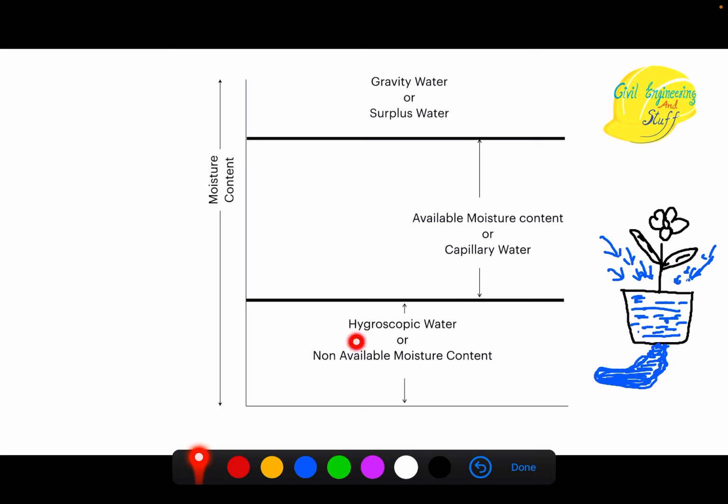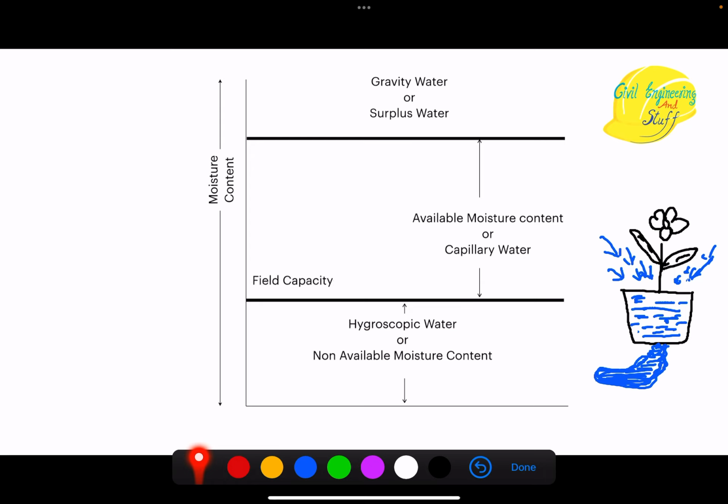Hygroscopic water is like this: you take a sample of the soil, put it in the oven, get it oven dry, losing every molecule of water from the soil, and then you put it at room temperature. That oven dried soil will absorb a very small amount of moisture from the atmosphere. That is what the hygroscopic water is. Okay, so we have the gravity water, also called the surplus water; the available moisture content or capillary water; and the third is the hygroscopic water or non-available moisture content.